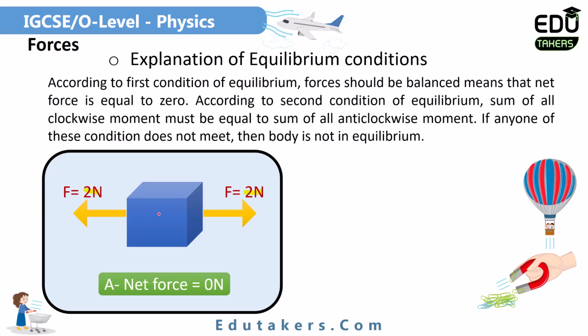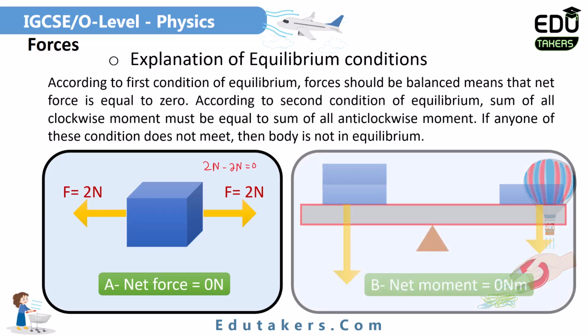When you find the sum of both forces, it would be 0 because one force acts in the opposite direction to the first and both have equal magnitude. So the total force would be equal to 2 Newton minus 2 Newton, which is equal to 0. So here is the first condition of equilibrium, that the force must be equal to 0.